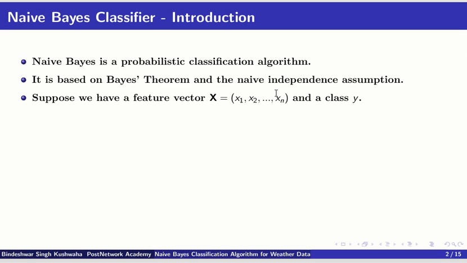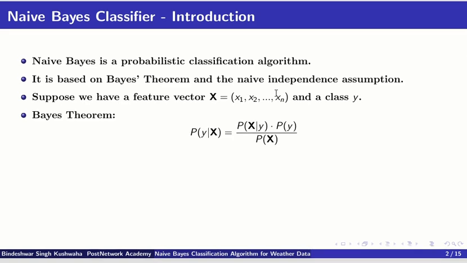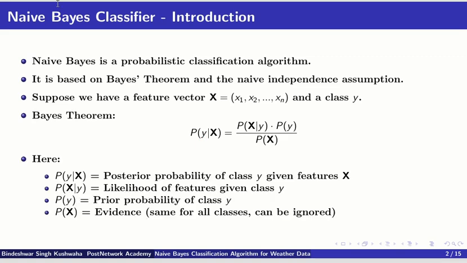Suppose we have a feature vector x and a class y, and Bayes theorem states that we find the probability of y given x, and this is the formula. I am going to explain what it means. Here P(y given x) is the posterior probability of class y given features x.